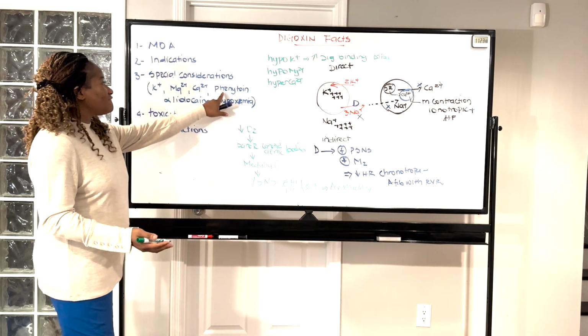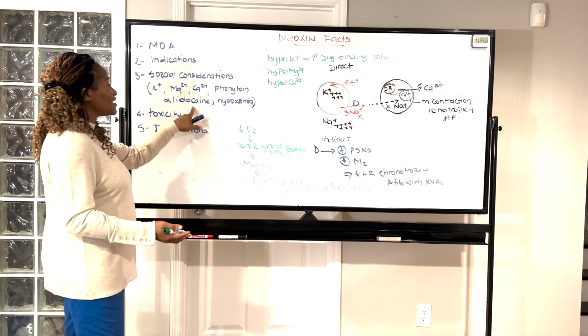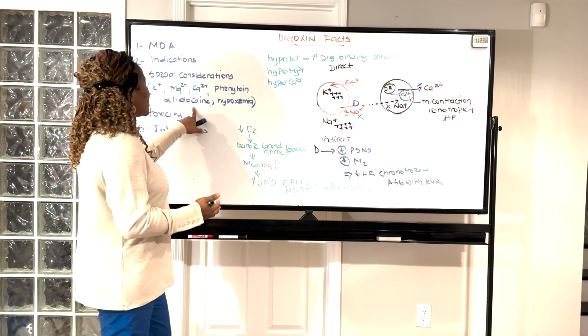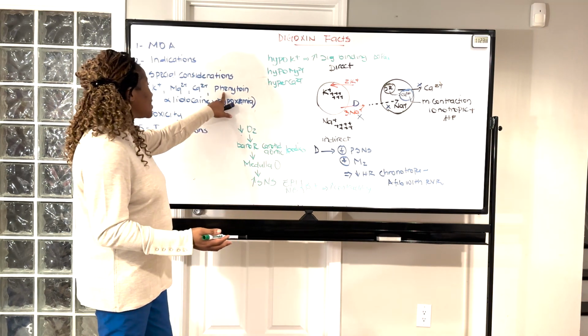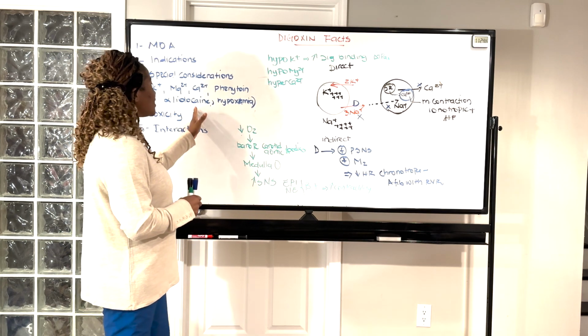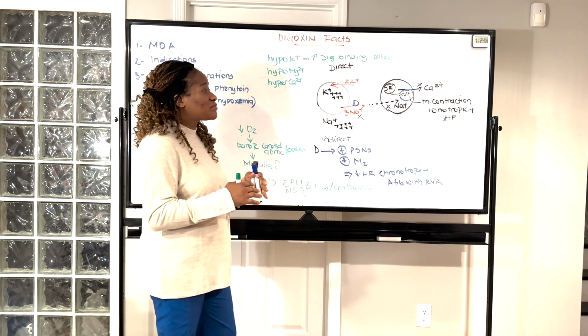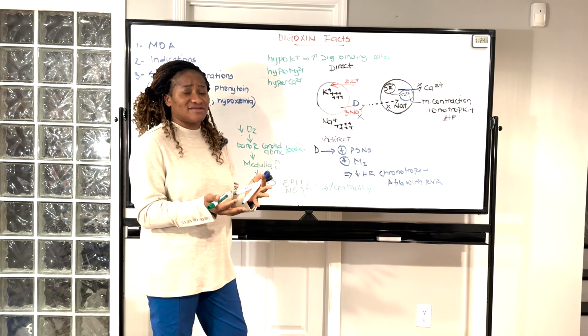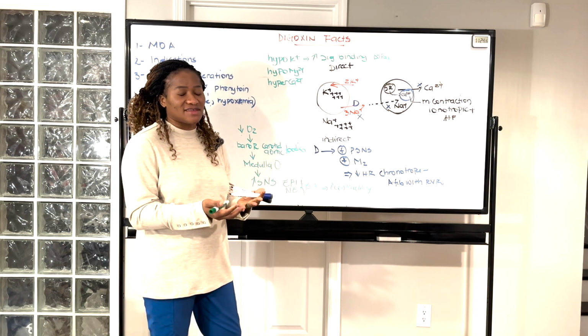Now, I talk about phenytoin and lidocaine. Lidocaine is an antiarrhythmic, right? A class 1B antiarrhythmic, and phenytoin. We give them in the pre-treatment of digoxin because we want to prevent the complications of digoxin.